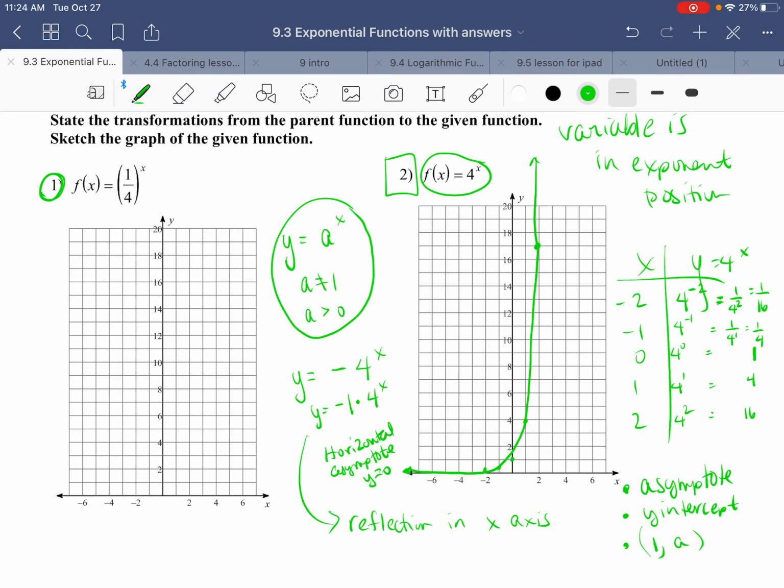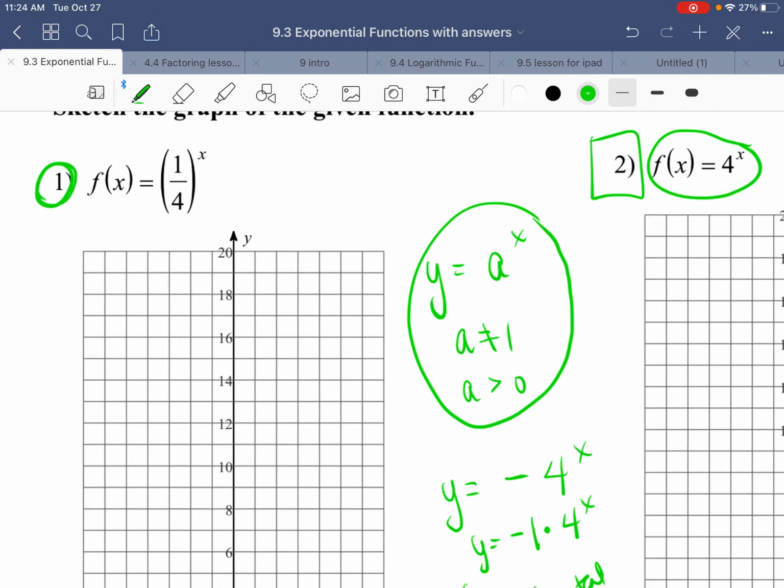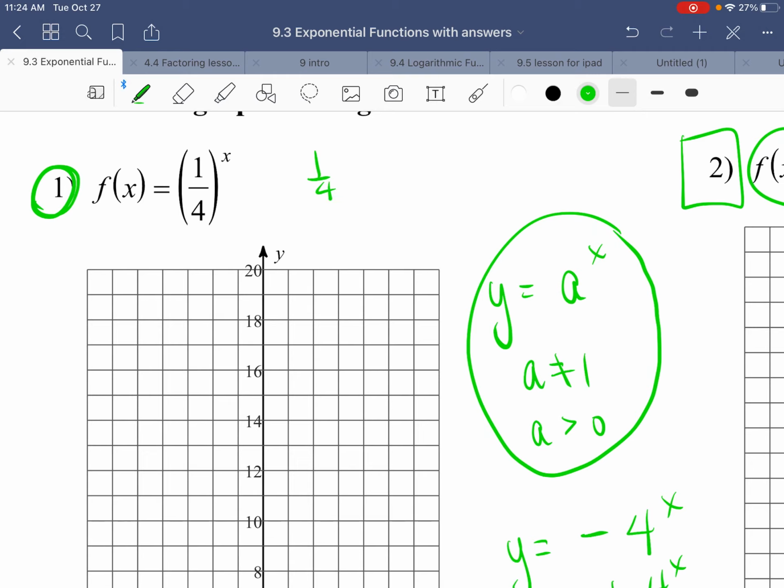Okay, so looking at this number 1 question, f of x equal to 1/4 raised to the x. How does that look different than the one that we just did? Well, it's very similar, actually. And if you remember your properties of exponents, I'm going to rewrite 1/4 as 4 to the negative 1.